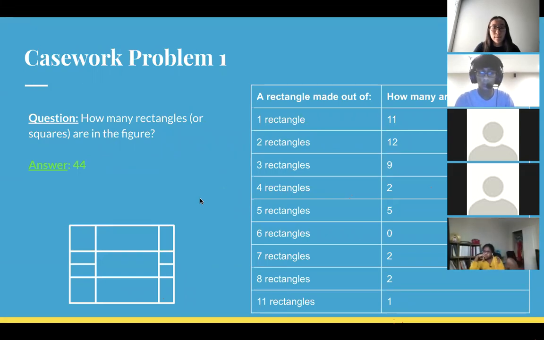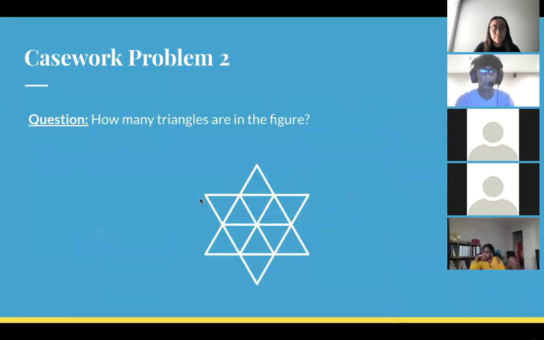Okay, so now we're going to move on to the next question. How many triangles are in the figure? This one may be a little easier or a little harder for you. For me, it's a little easier.